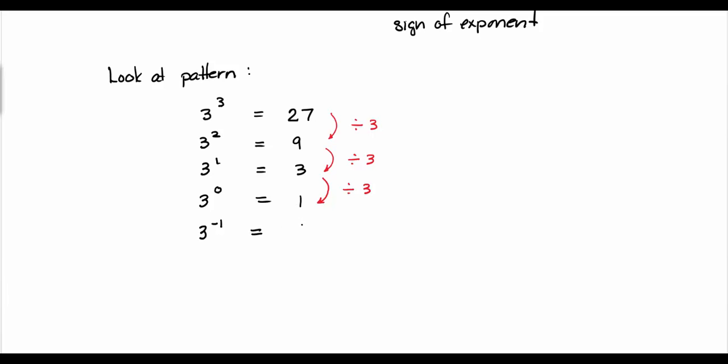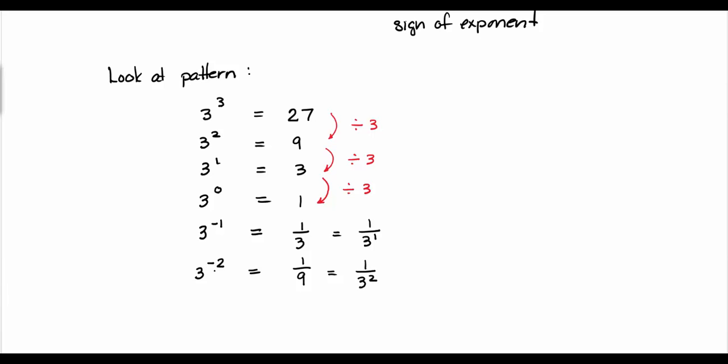Well, if I divide 1 by 3, I get 1/3. If I go one more, if I divide 1/3 by 3, I get 1/9. And remember, 1/3 is the same as 1 over 3 to the 1. 9 is 3 squared. That's the same as 1 over 3 squared.